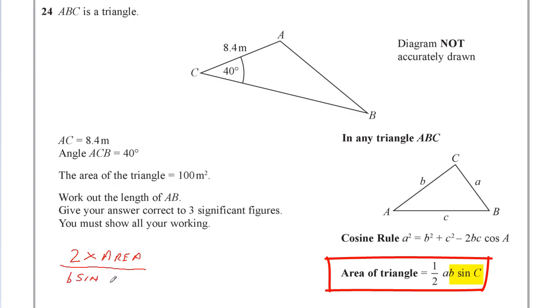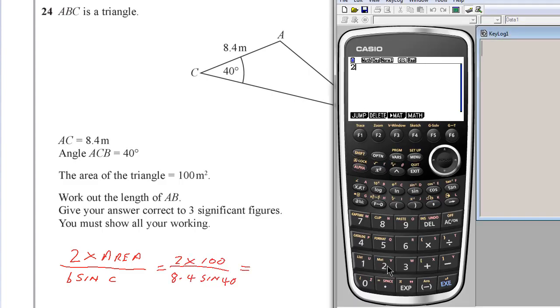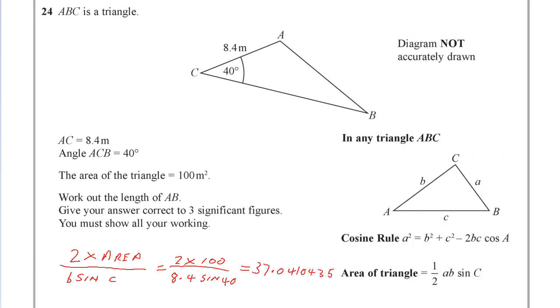Now we'll put in what we know. 2 times 100 over 8.4 times sine 40, which equals 37.0410435. And we'll leave that in the calculator. Now we have enough information to use the cosine rule.